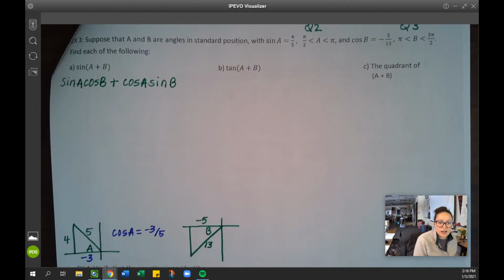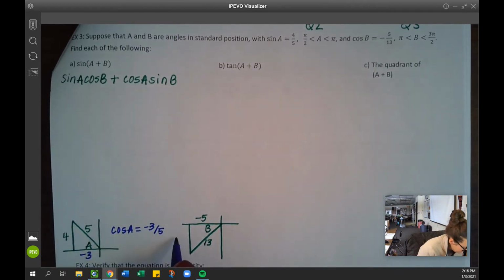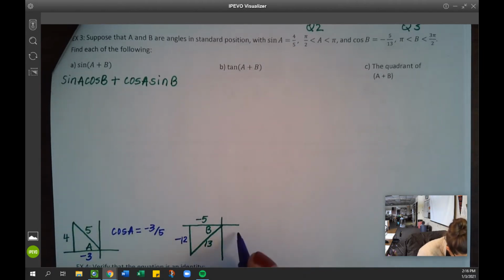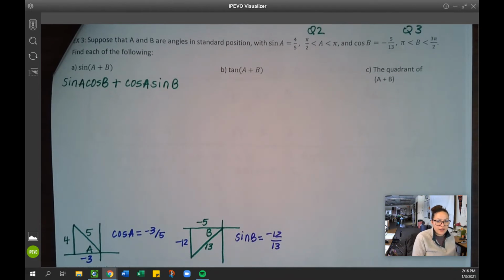Again, this is a Pythagorean triple. This right here is going to be negative 12. So sine B is negative 12/13. And now we should have everything we need to figure this out.